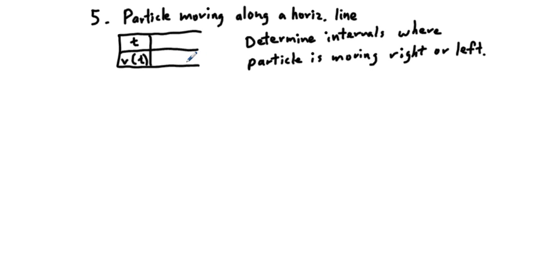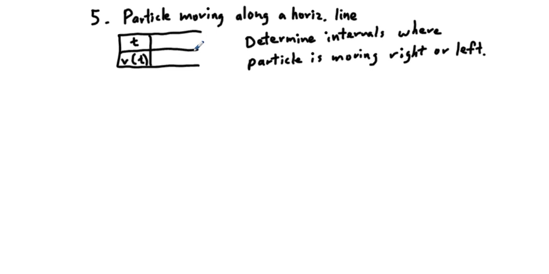What happens when the velocity is positive? Does that mean the particle is moving to the right or to the left? Or when the velocity is negative? You'll read for certain input values whether the number is positive, negative, or perhaps 0. You have to determine when the particle is moving left, right, and at rest.